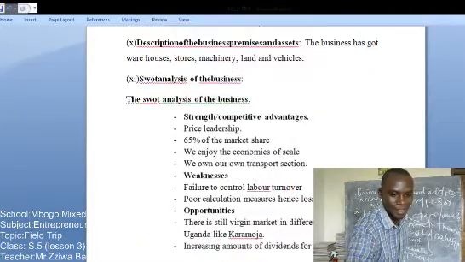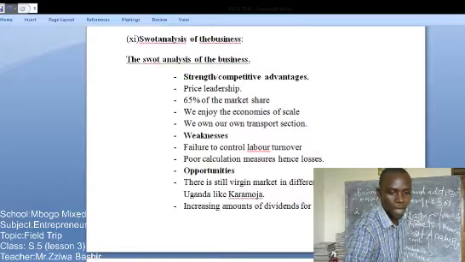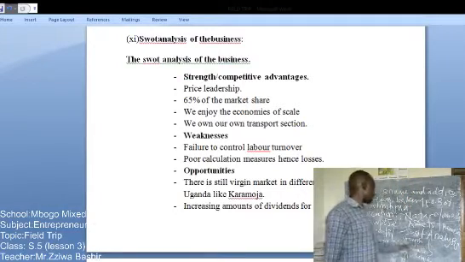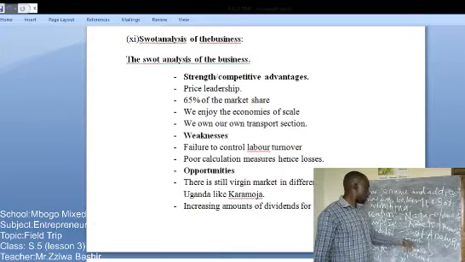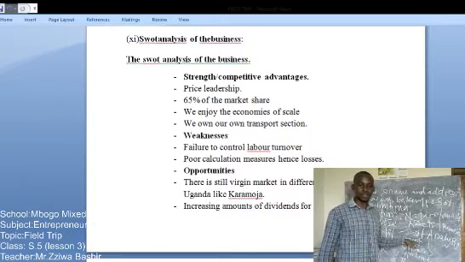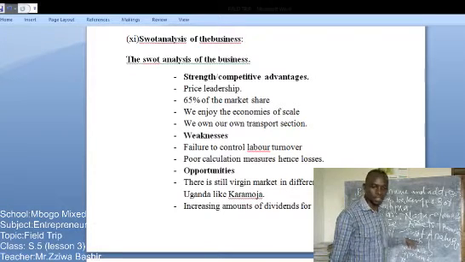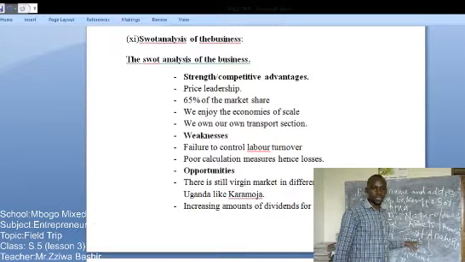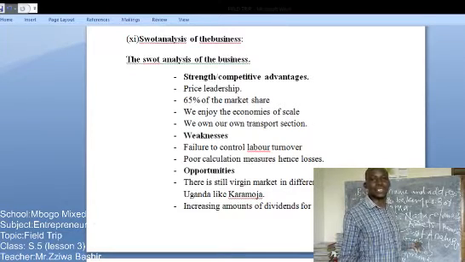Okay? Let me give you a sample of how to write SWOT analysis. I said you can begin with the strength of the business, or include 1. We enjoy our own transport section.